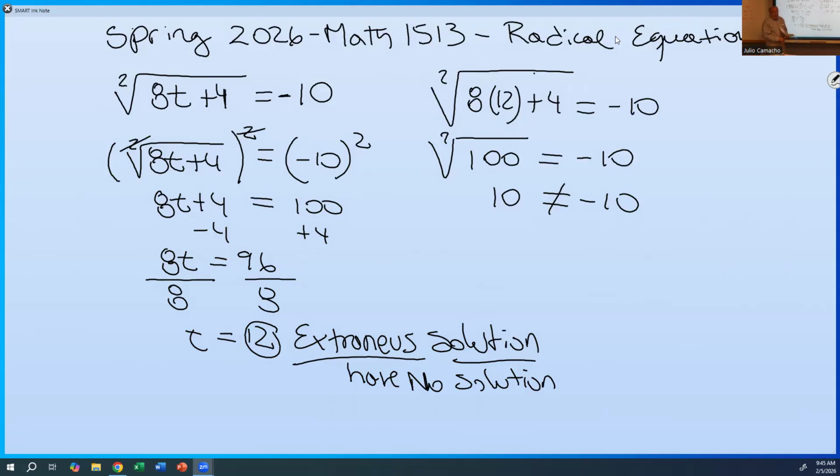So don't waste your time in the exam, in the quiz. If you see something like that, choose no solution and go to the next. Because even though you get a solution, it will be an extraneous solution, a solution that will not satisfy the equation. Any question about that?